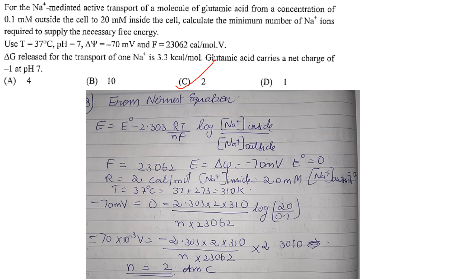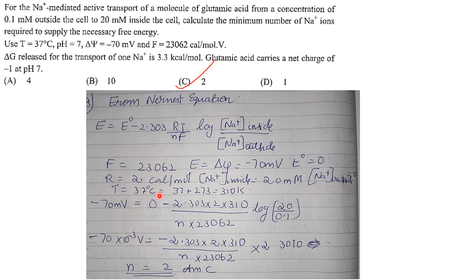So from the Nernst equation, you have the formula E is equal to E0 minus 2.303 RT by nF log Na+ inside by Na+ outside. E is your delta psi, that is minus 70 millivolt, E0 is 0, R is 2 calories per mole, concentration of Na+ inside is 20 millimolar and outside is 0.1.